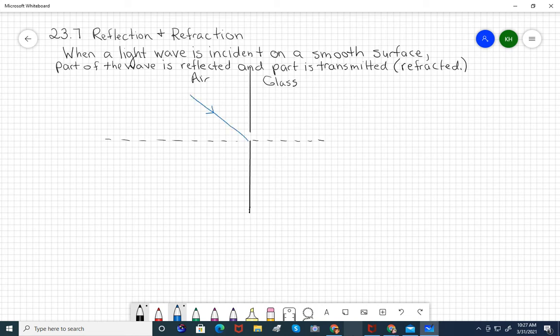Here comes an incoming ray of light. It hits that glass surface, and two things happen. Some of that light just hits it and bounces right back off, and some of that light enters. And interestingly enough, the light that enters also tends to be bent. It no longer travels in that straight line. So this is our incident ray.